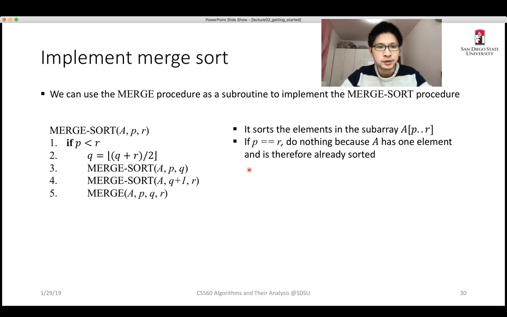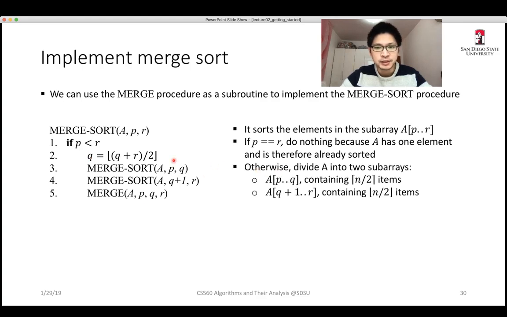If p is strictly smaller than r, then in the if condition, we first split the input array into two subarrays, A[p] to A[q] and A[q+1] to A[r], and each of them contains n over 2 items.